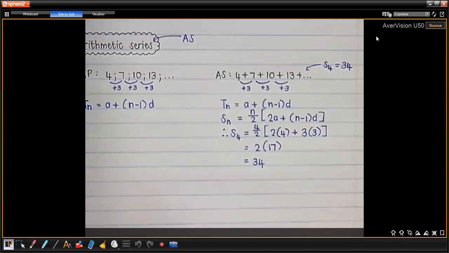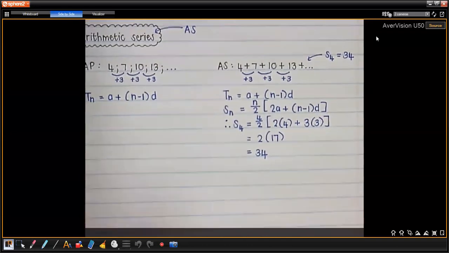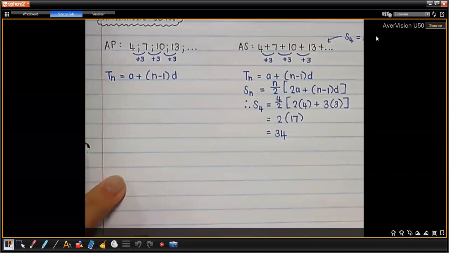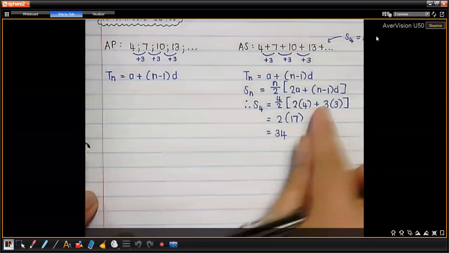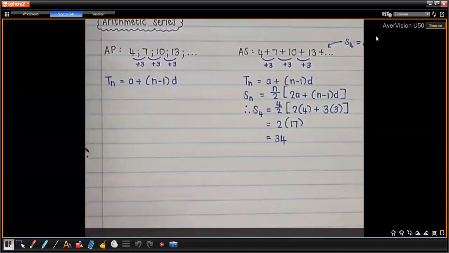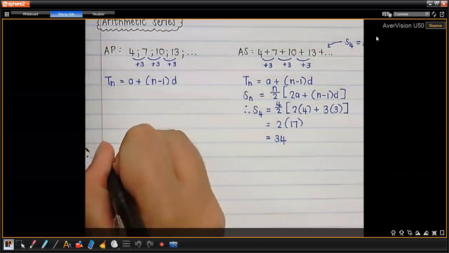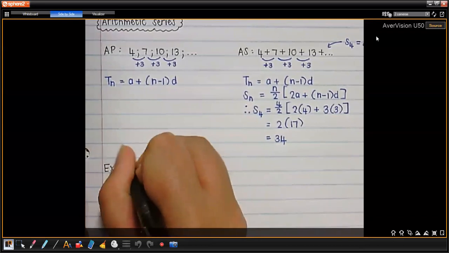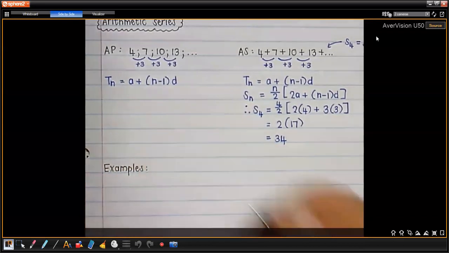Let's do these 2 examples, and then I'm going to give you some to do. This is just an example of applying the formula straight if you have the different values. But of course, they can swap it around and ask us different things. So, examples.